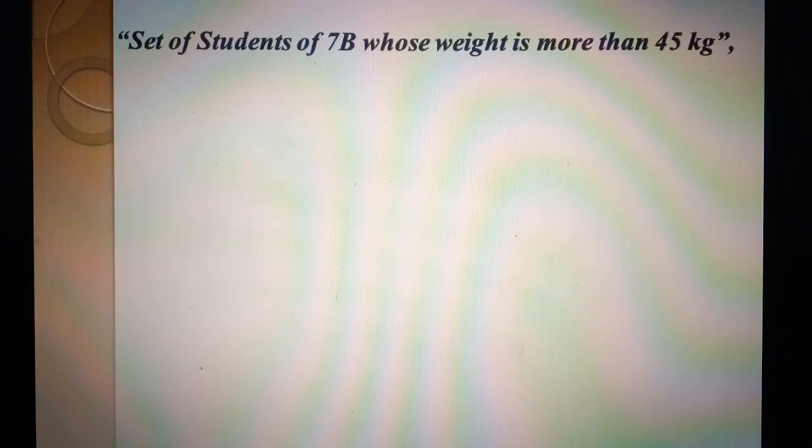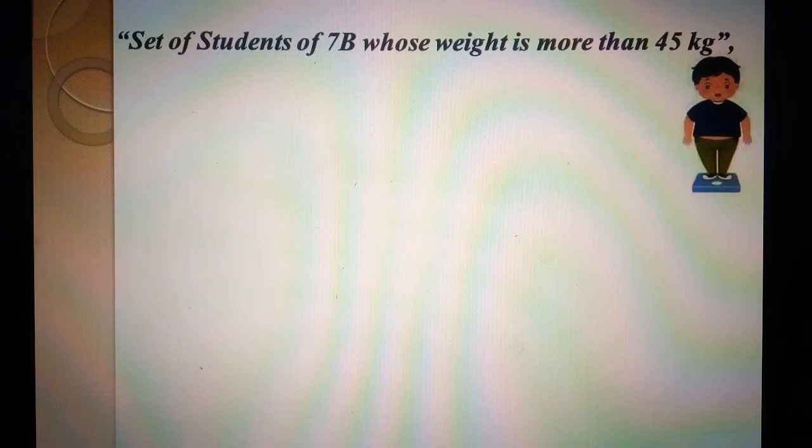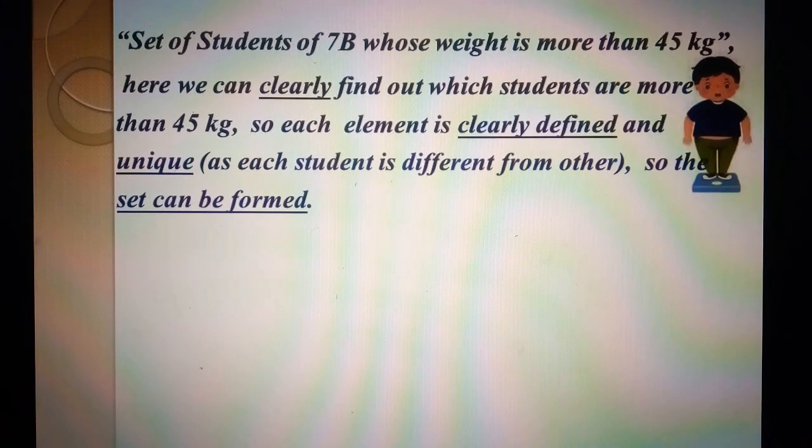But if you consider set of students of class 7B whose weight is more than 45 kg, then in that case we can clearly find out which students are more than 45 kg. So each element is clearly defined and unique, as each student is different from other. So there is no risk of repetition of elements. So they are unique. So the set can be formed.